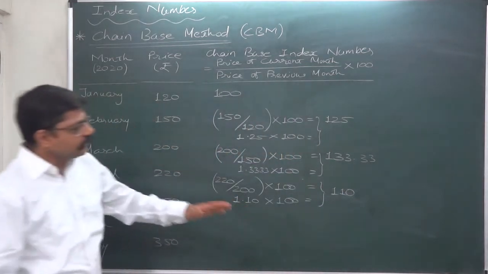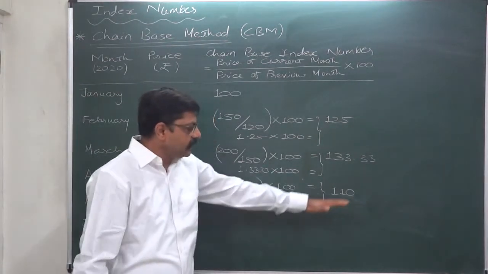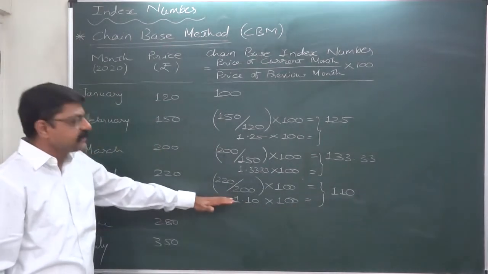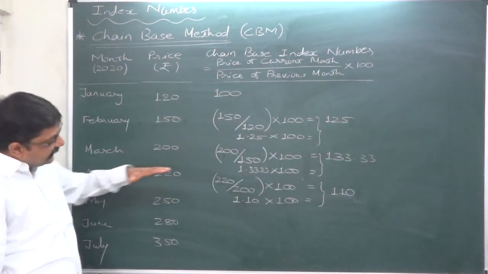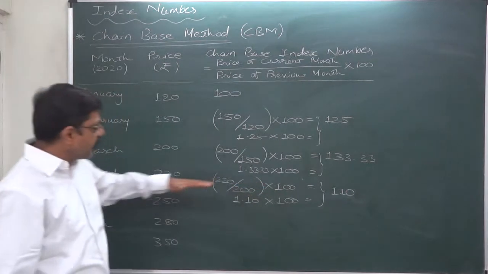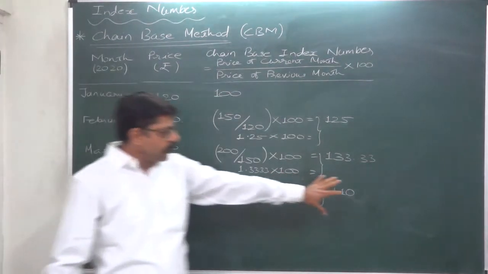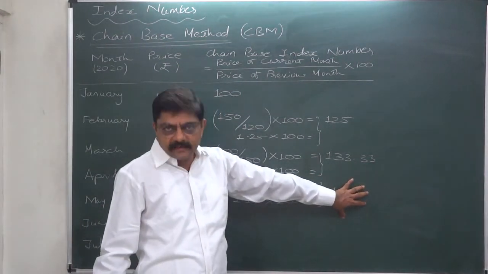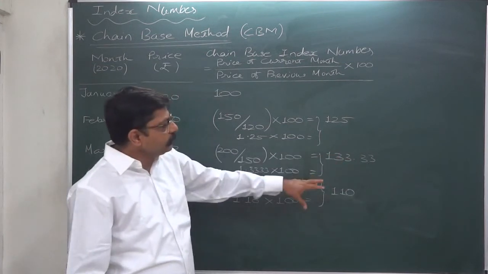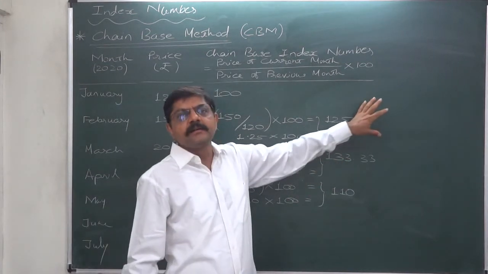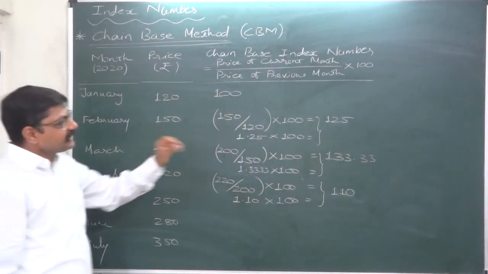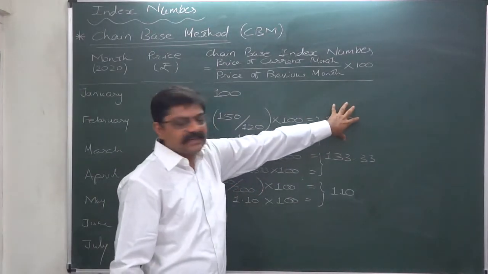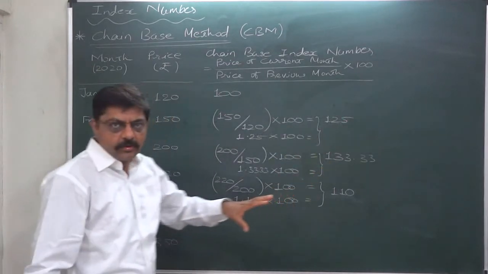The interpretation of this 110 is that the price in the current month is 110% of the price in the base month. We never use the sign of percentage behind the statistic of index number. It is always expressed just in numerical form.